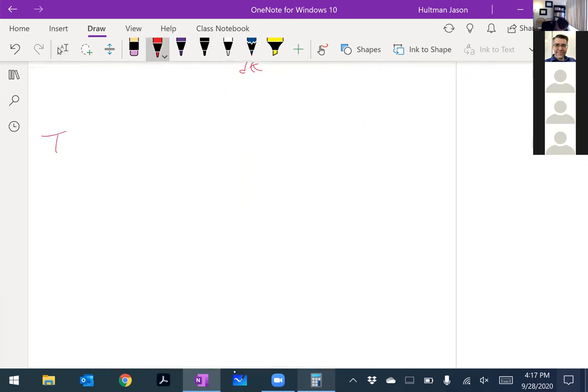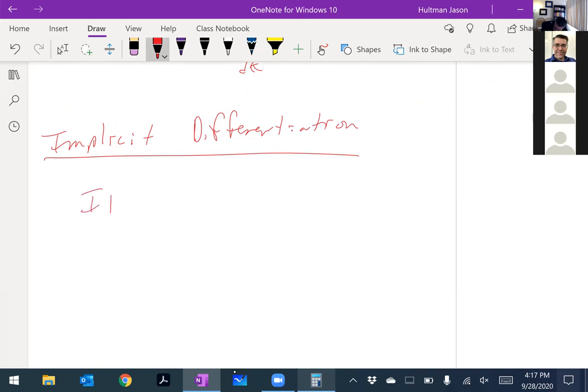Okay, implicit differentiation. If f of x, y is equal to 0, then dy/dx, the derivative of y with respect to x, is equal to negative partial of f with respect to x over the partial of f with respect to y.